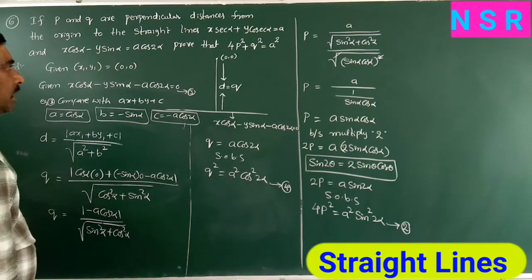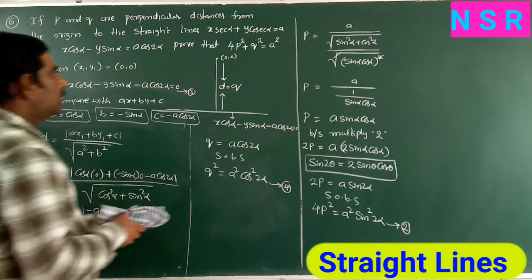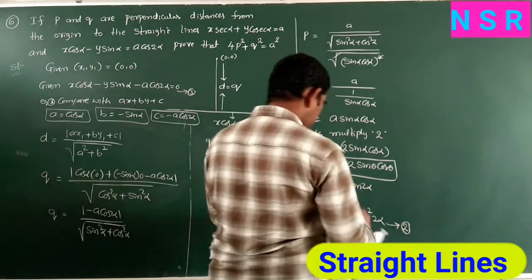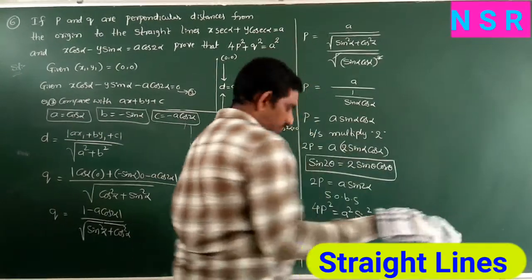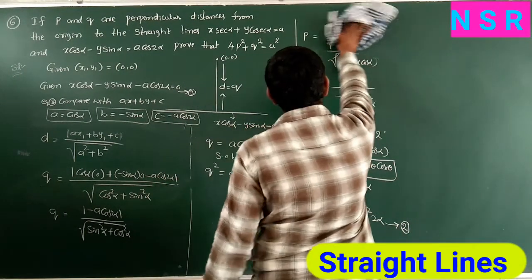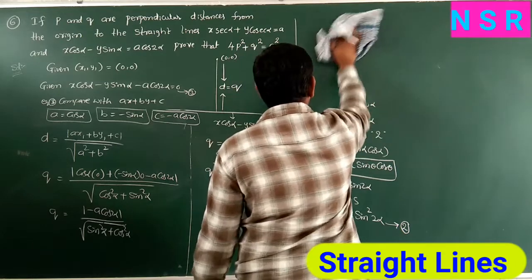Now adding equation 2 and 4, we get 4p square plus q square value.